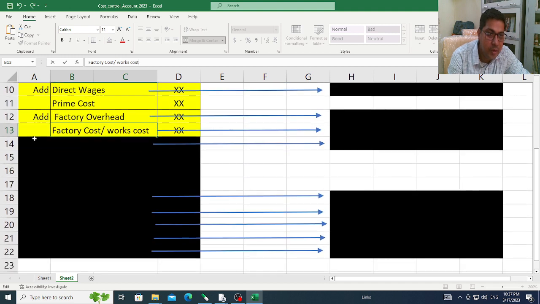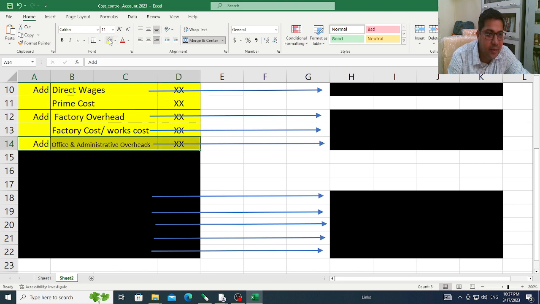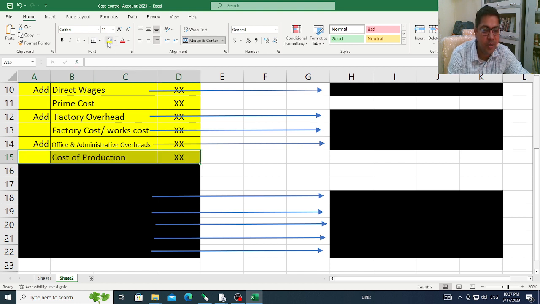After getting the works cost or factory cost, we add office and administrative overheads. Whatever amount comes after adding these is considered the cost of production.